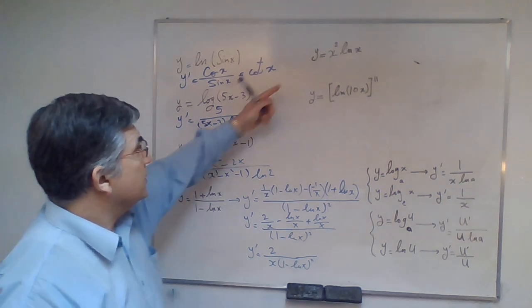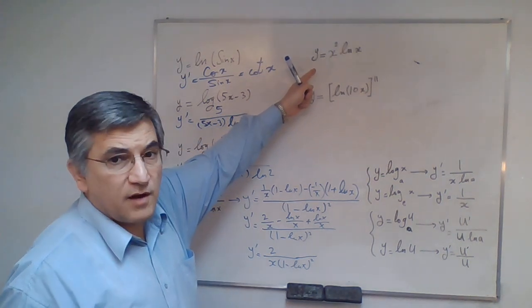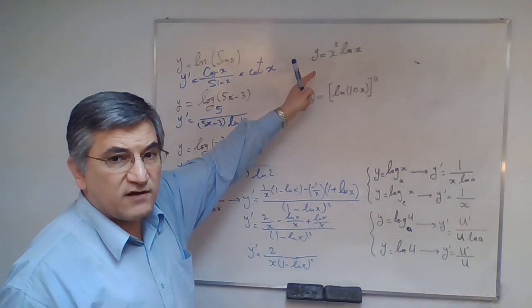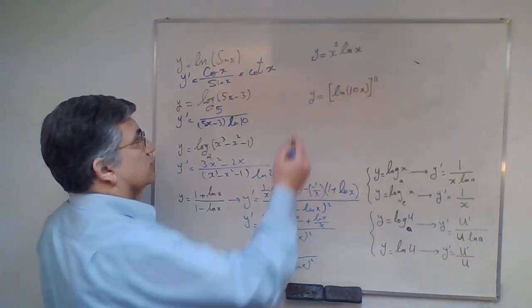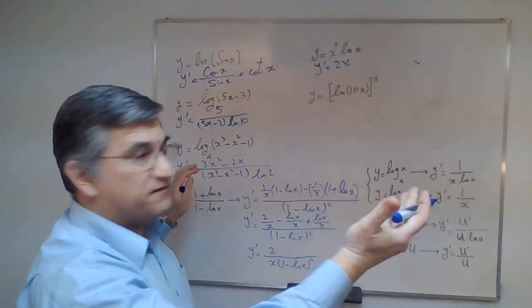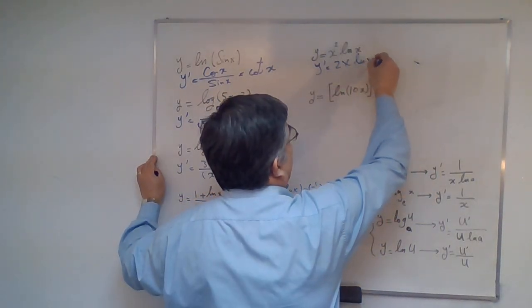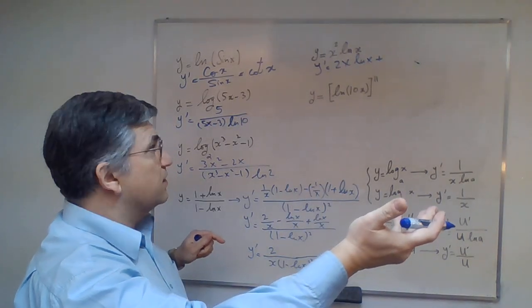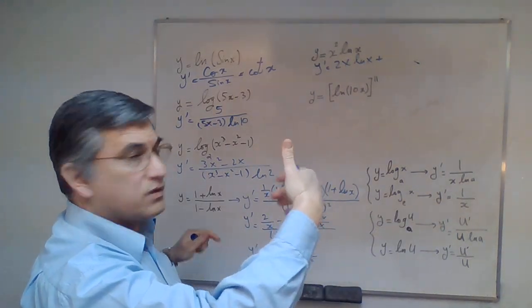Okay, we go over there, top, y equals x squared times ln of x. That's a product, so I have to apply the product rule. So the derivative would be 2x, that's u prime, times v, which is times ln x, and then plus v prime times u, derivative of ln of x times x squared.